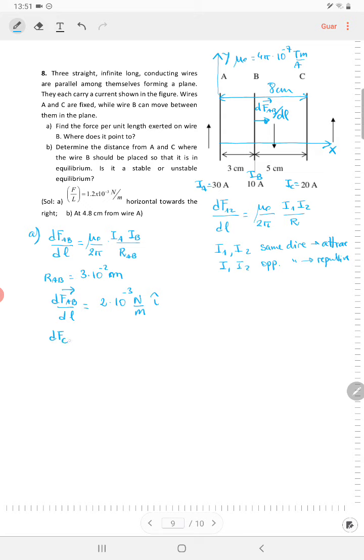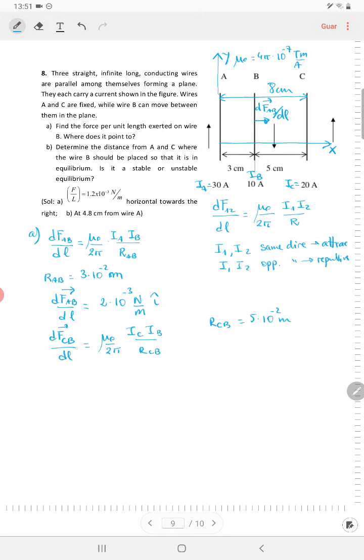So this would be C on B. dF over dL has to be equal to mu sub 0 over 2 pi, the current of C, the current of B, and the distance between C and B. This distance between C and B is equal to 5 centimeters.